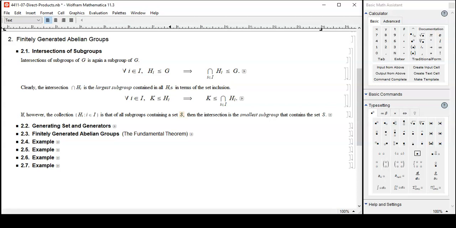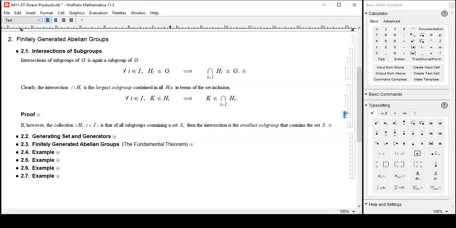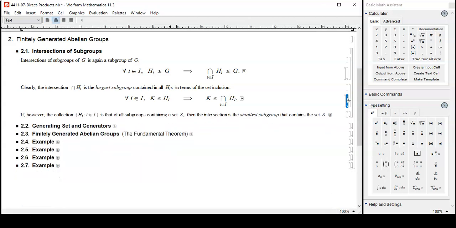Then under that special circumstance, the intersection is the smallest subgroup that contains the set S. How do you prove that? A little bit trickier. This one was just a trivial observation, but this is going to be a little bit trickier.